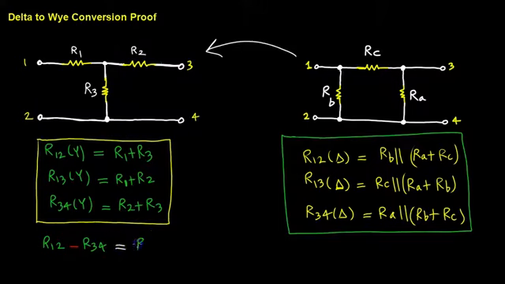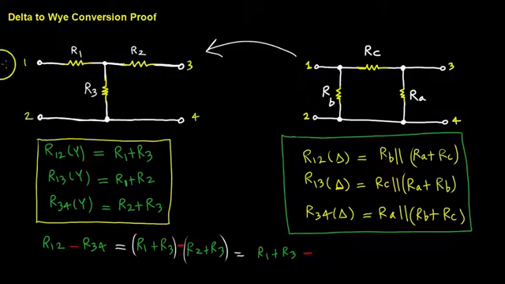So it's going to be R1 plus R3 and R2 plus R3. I'm just going to derive everything to make it easier to see. So that's my R12 and that's my R34. That's going to equal R1 plus R3 minus R2 minus R3.